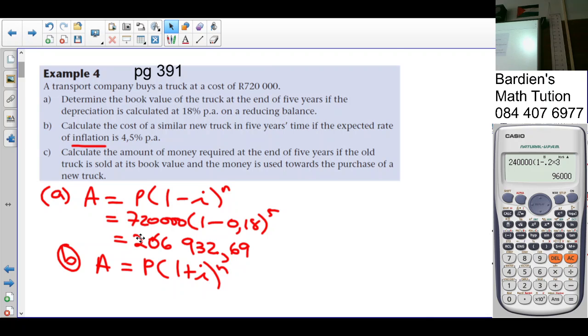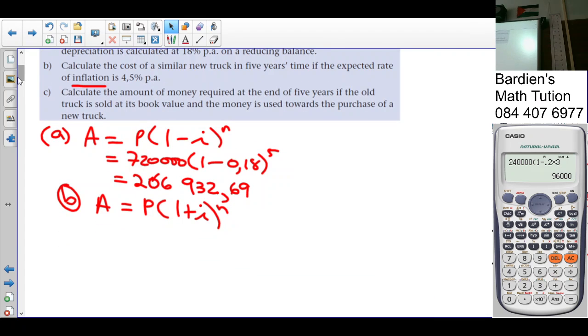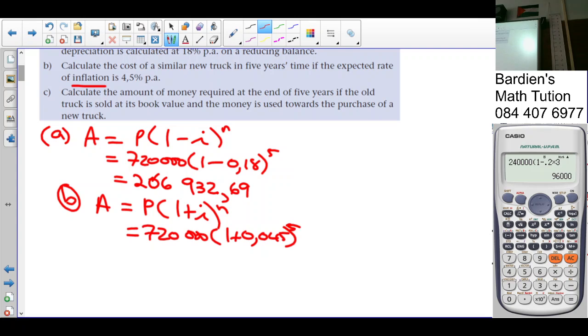Okay, so let's go with that. We have 720,000 into 1 plus 0.045 to the exponent 5 years. So that gives us an answer of 1 million.